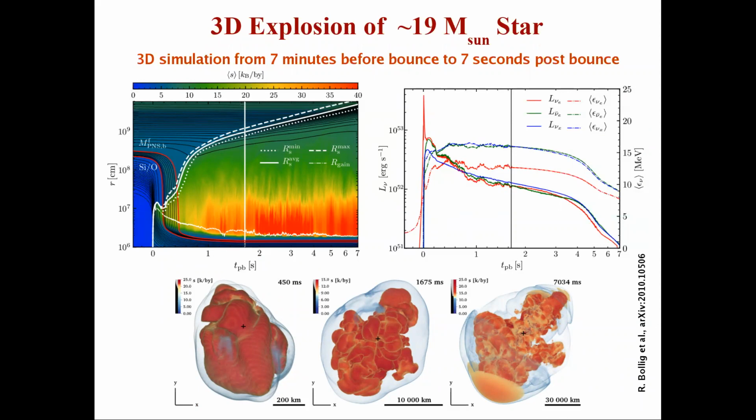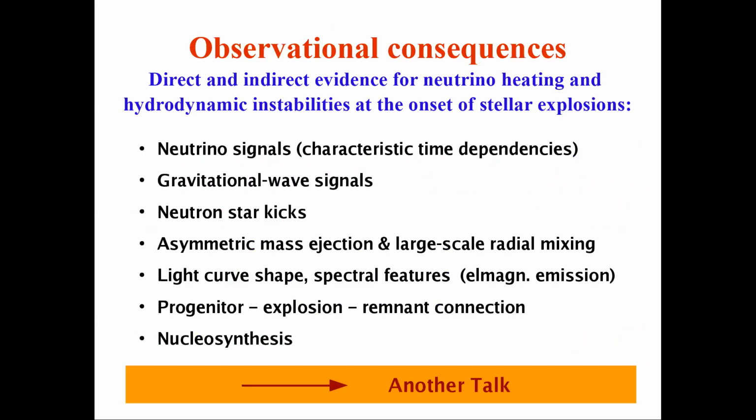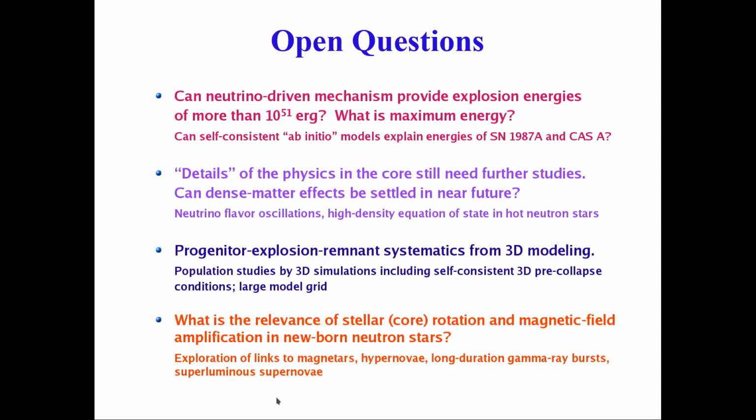The situation changes completely when you take into account rotation and magnetic fields, because then you can actually amplify the magnetic fields in this protoneutron star or in the newly formed neutron star. You can amplify these magnetic fields dramatically, and then magnetic fields also, if the rotation is rapid enough, can tap rotational energy. And that is the point I have put down as the last item on this slide of open questions.